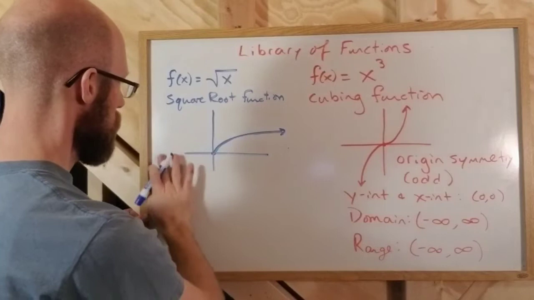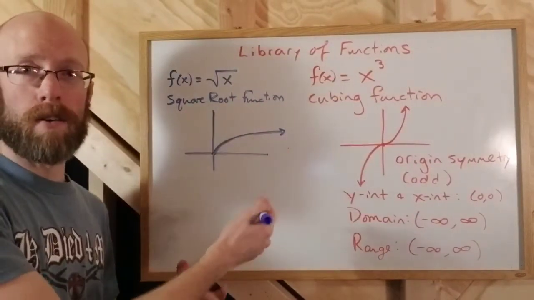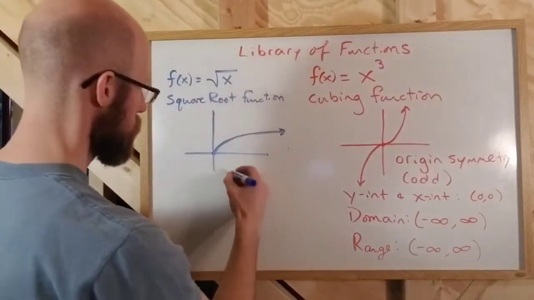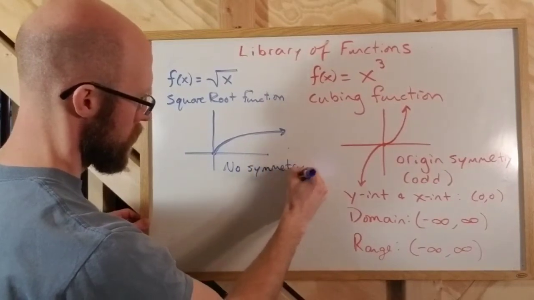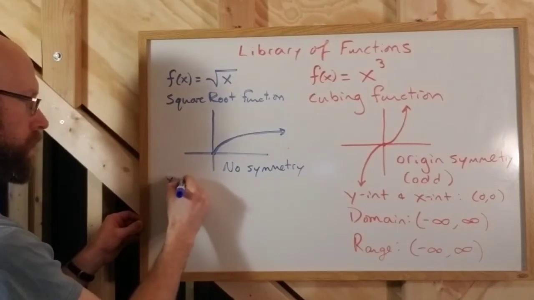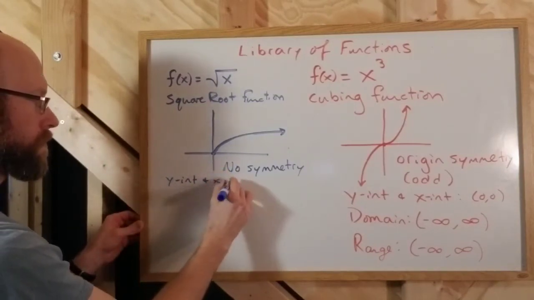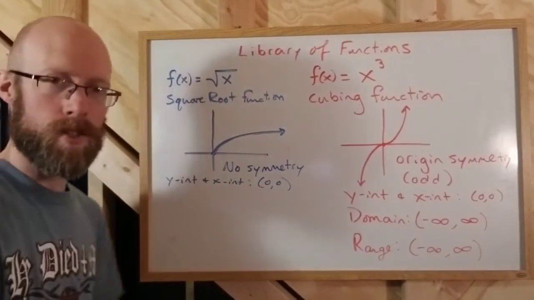So, let's see. So, is there symmetry to this? No. There's no x-axis symmetry, no y-axis, no origin. There's no symmetry at all. Again, the y-intercept and the x-intercept are both 0, 0, so we don't have any issues there.